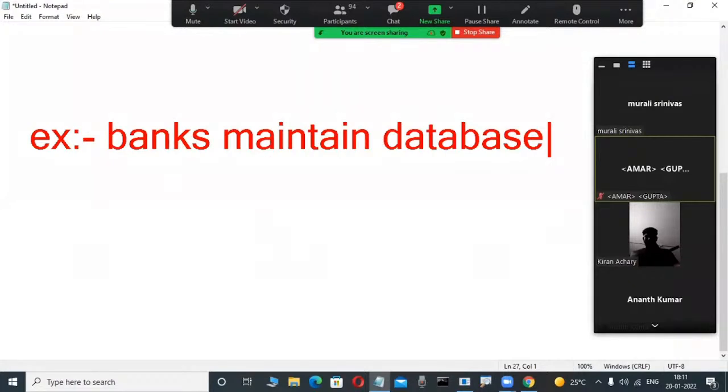Likewise, some customers are withdrawing some amount, and those details they also want. Again, some fellows are transferring money from one account to another, online or offline. All those transaction details I want to store permanently. Then only we can operate everything. That's why banks maintain databases.